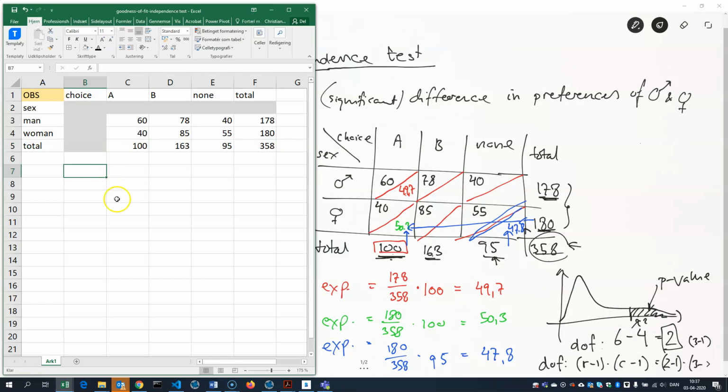Right, and then we want to do the expected values. I think that I'll just, well, we have to write the same things here.